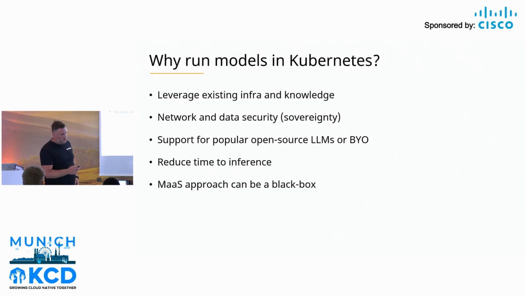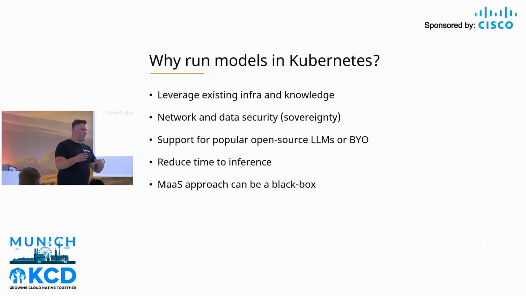As I mentioned before, we have network and data security. So our clusters, for example, in our on-premise facilities, we can run them there. We can run it in the cloud in a private environment, just to do some isolation of this data. We have support for open source models. The model-as-a-service approach can be open source, but not fully.